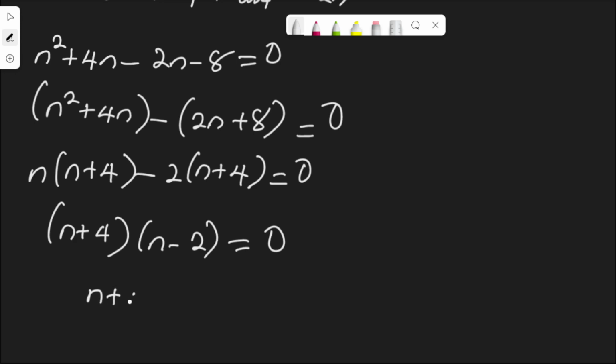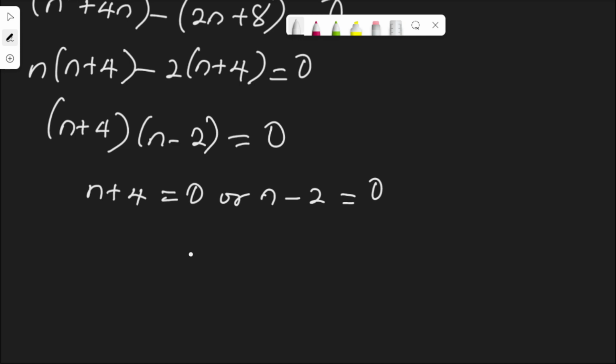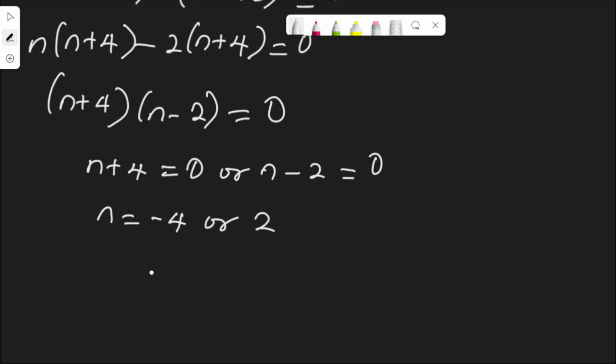That means n plus 4 is equal to 0, or n minus 2 is equal to 0. Hence, when this comes like this, it becomes minus, and when this comes like this, it becomes plus. So n is negative 4 or 2.